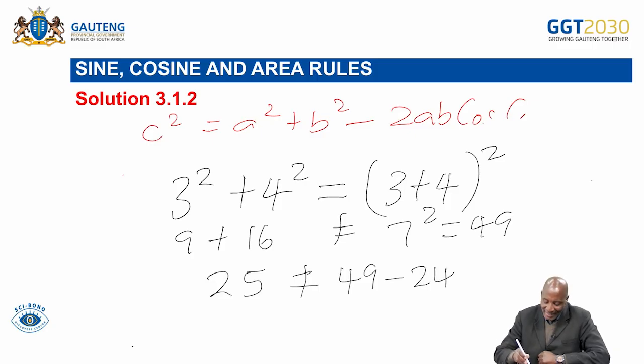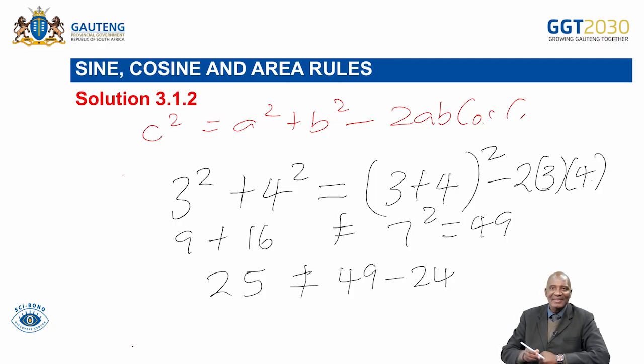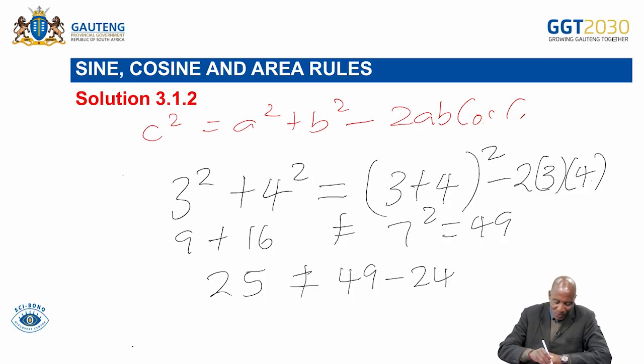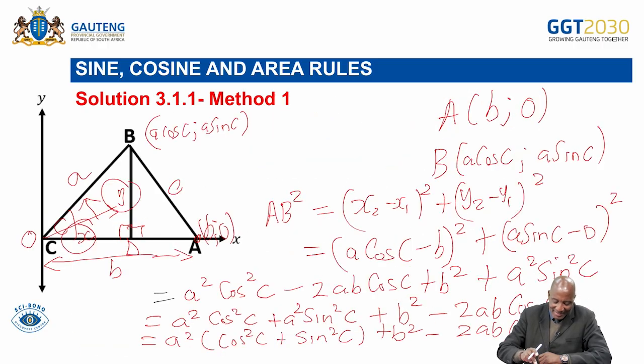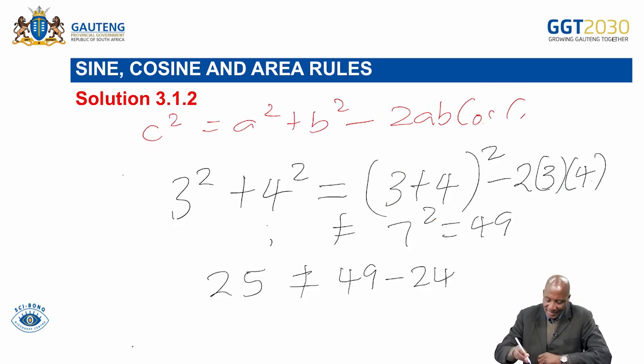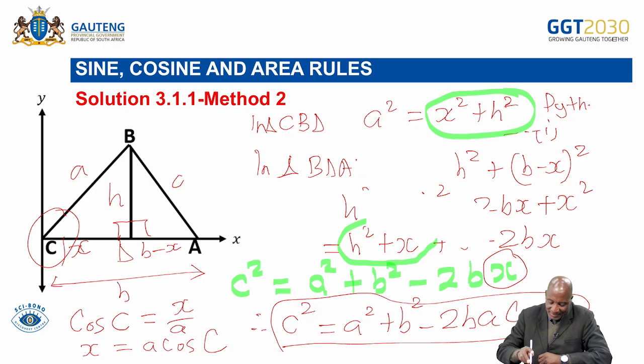So if I want them to balance, you say minus double the product of what you see. After putting them together, you double the product of what you see.